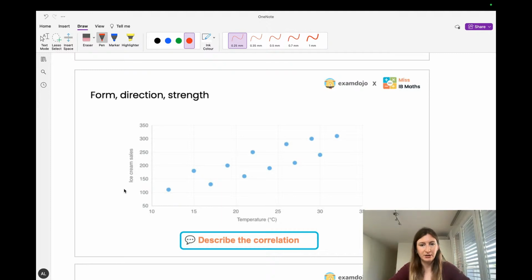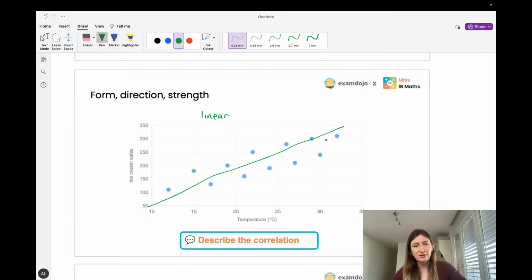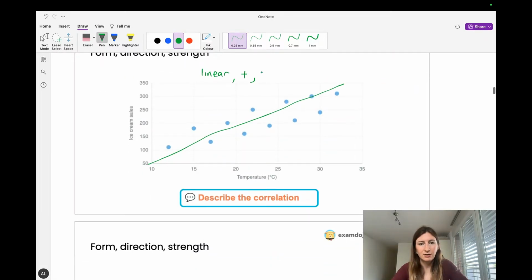Yeah, very nice. So definitely, let's go with that one. Definitely linear. Positive, sloping upwards. And I agree, moderate. Yeah, it is not closely on the line, but they are quite near on either side. Nice. Oh, let's write that, moderate.